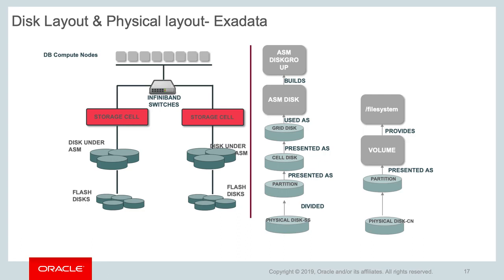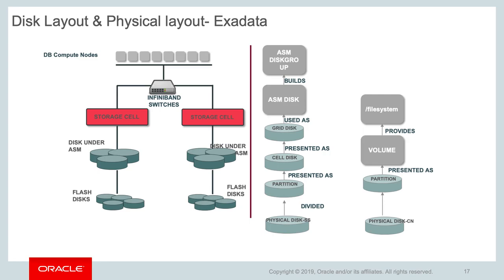Apart from these, there are physical disks which are attached to compute nodes, and each compute node in an Exadata configuration has four 600 GB disks. They are hot swappable and expandable up to 8. Physical disks are divided into multiple partitions, and these partitions are presented as a LUN to the cell. Some LUNs from compute node disks are used to create a file system for the operating system.